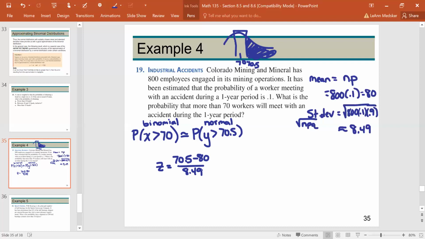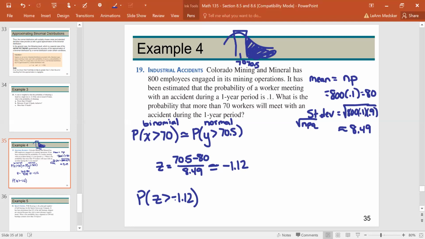That's going to be negative 1.12 when I rounded it. So let me write that down. So this is negative 1.12. So we're going to put that back in as now I'm looking for the probability that my z is greater than negative 1.12. And since that's a z-score, we can use our chart. So we're going to go find negative 1.12 in the chart.